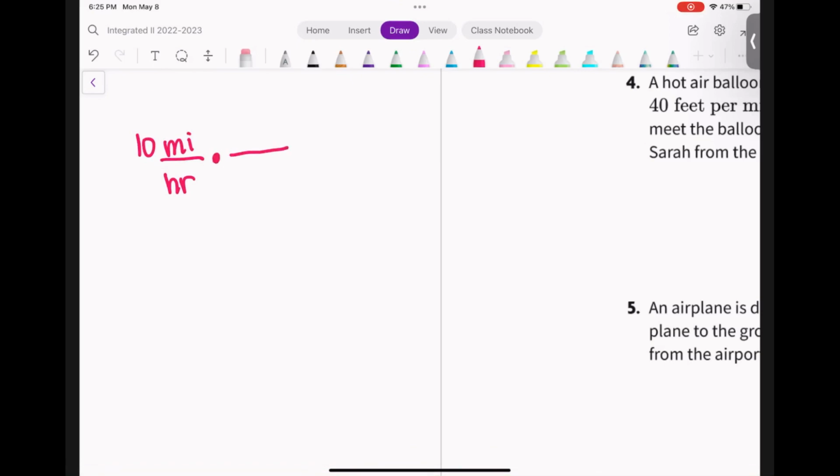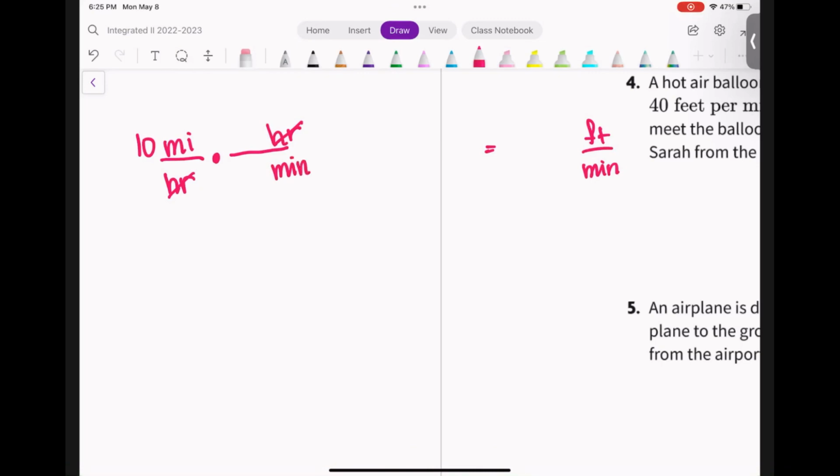Now I want my answer to be in feet per minute, so feet on the top and minutes on the bottom. Because I don't want hours, I'm going to put hours on top so they will cancel out.